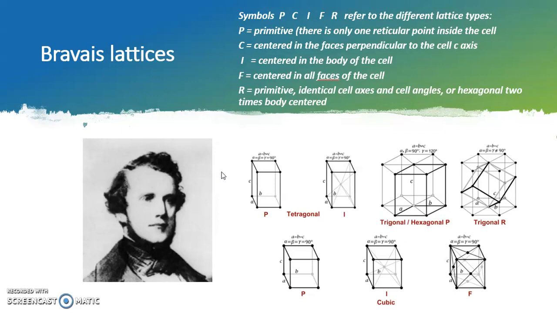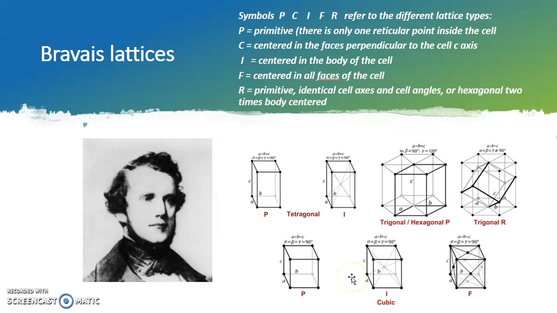To understand this, we are going to study a very simple lattice structure, that is the cube. You all know that the cube has all sides equal, and the interfacial angle in the cube is 90 degrees. For example, in this shape you can see the sides given the names A, B, C.